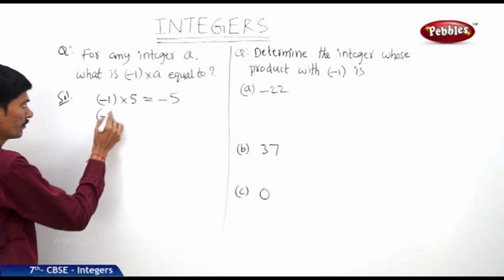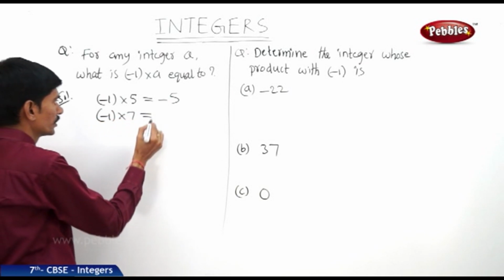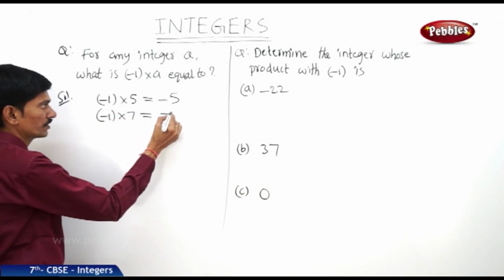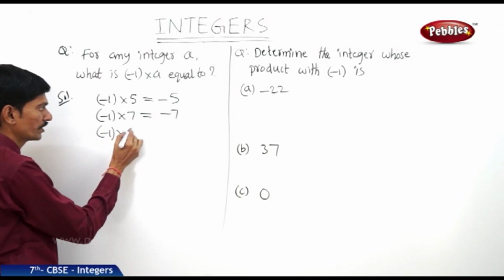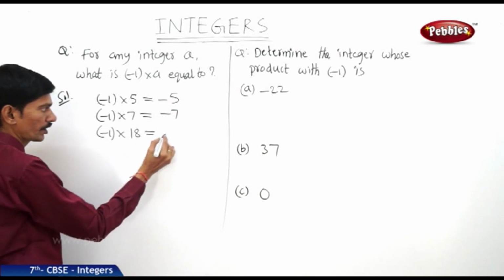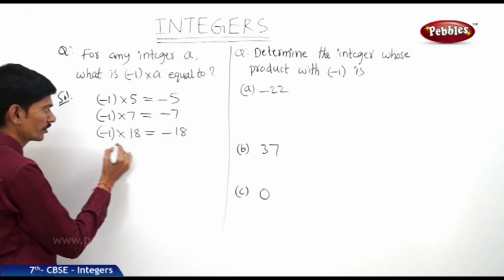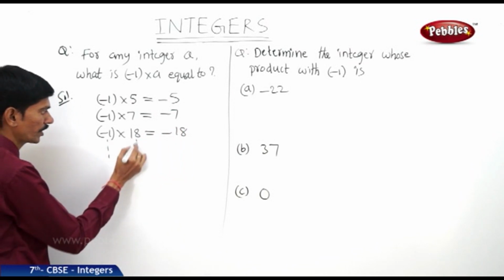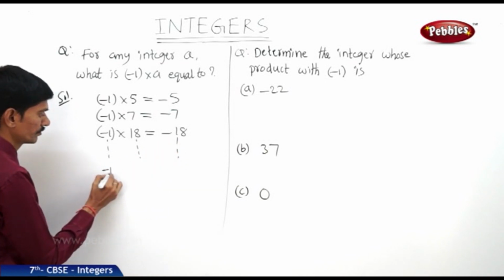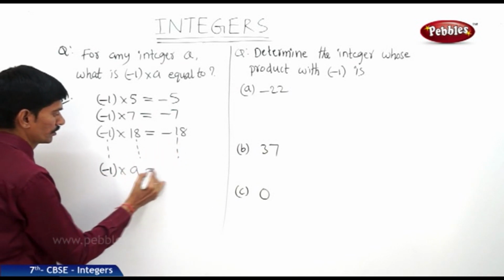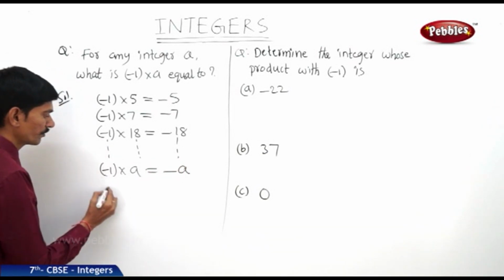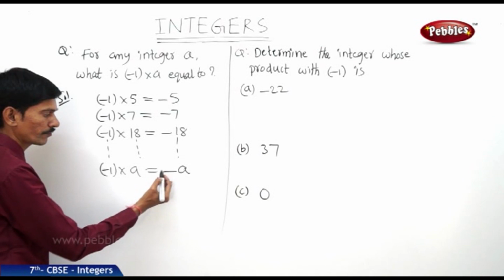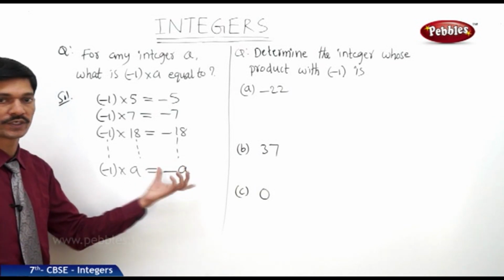So if you multiply minus 1 by 7, then we will get the product minus 7. If you multiply minus 1 by 8 or minus 1 by 18, then we will get the product minus 18. So in general, if minus 1 is multiplied by a, then we will get the product minus a. If minus 1 is multiplied by b, then you will get the product minus b.